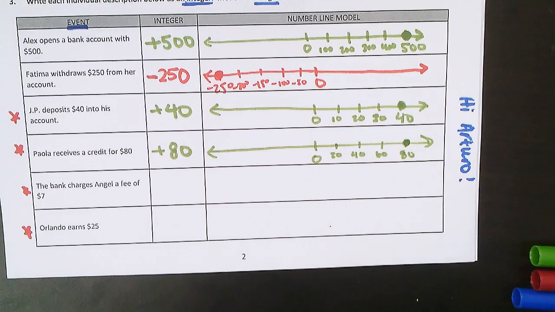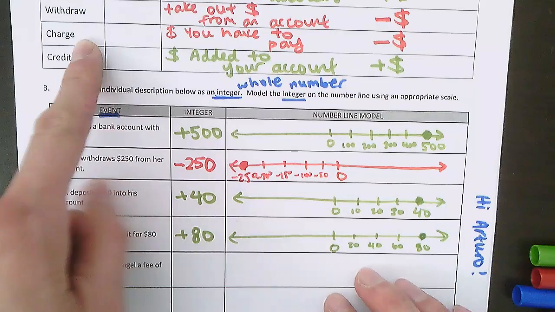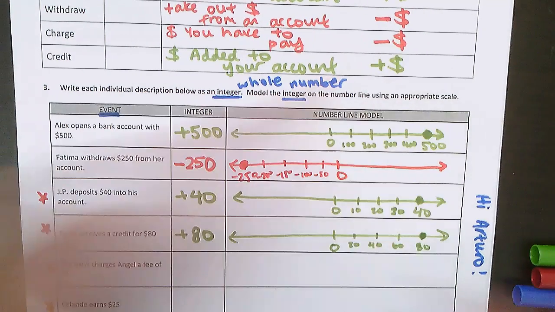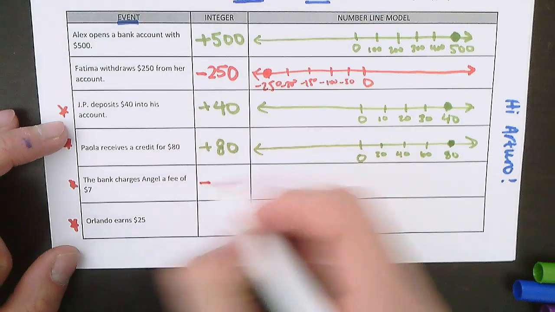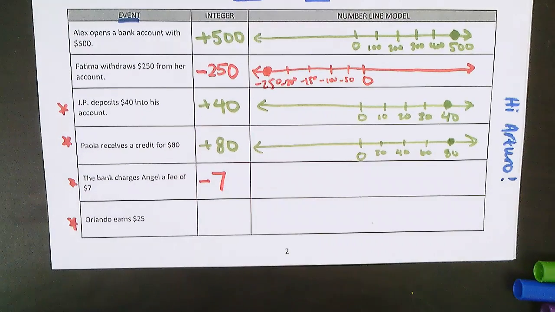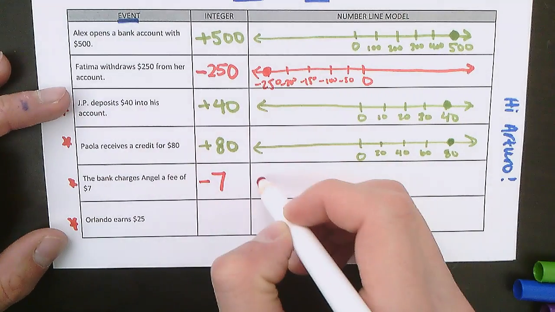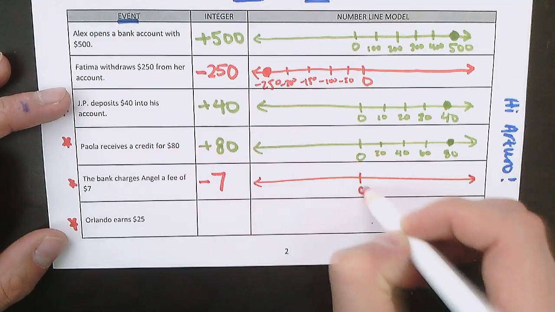Next one, the bank charges Angel a fee of $7. Remember, a charge is money that you have to pay. So you're going to lose money if you have to pay it. So the charge, then Angel would have -7. Let's draw that number line. 0 right there.